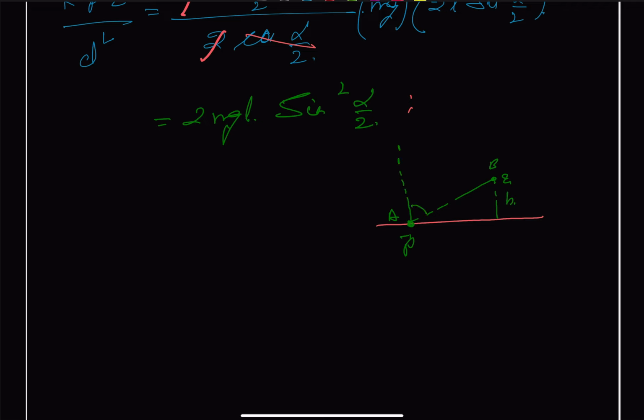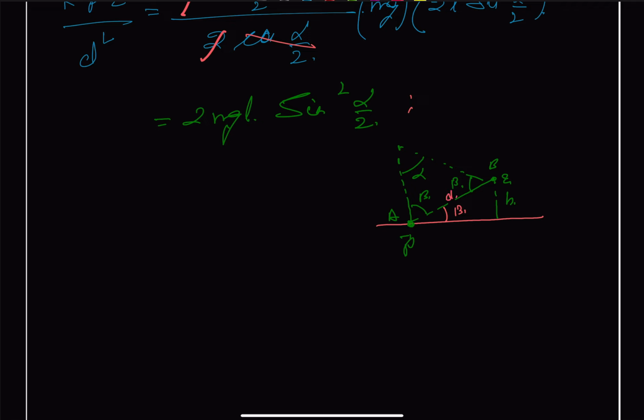So this angle was our beta, this angle was our alpha, this angle was our beta. So we get that this angle will be also beta, and this distance is our d.